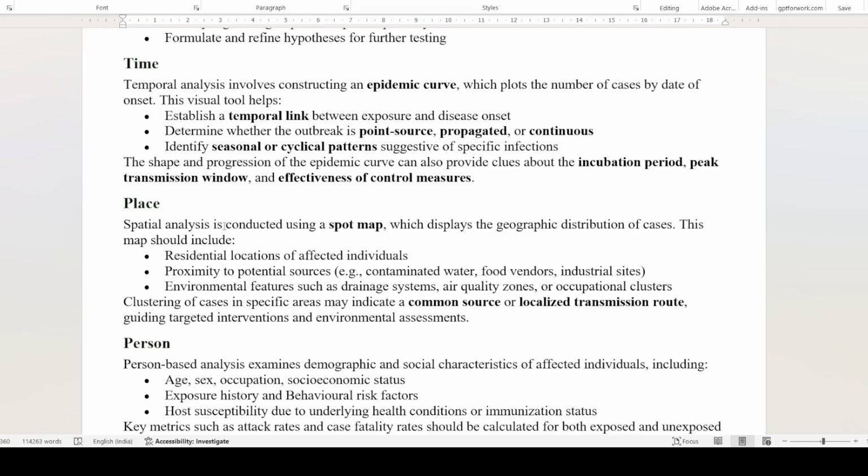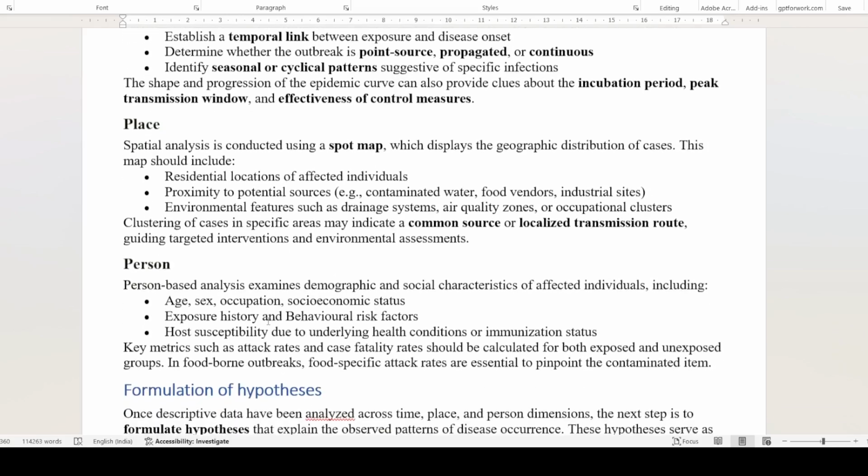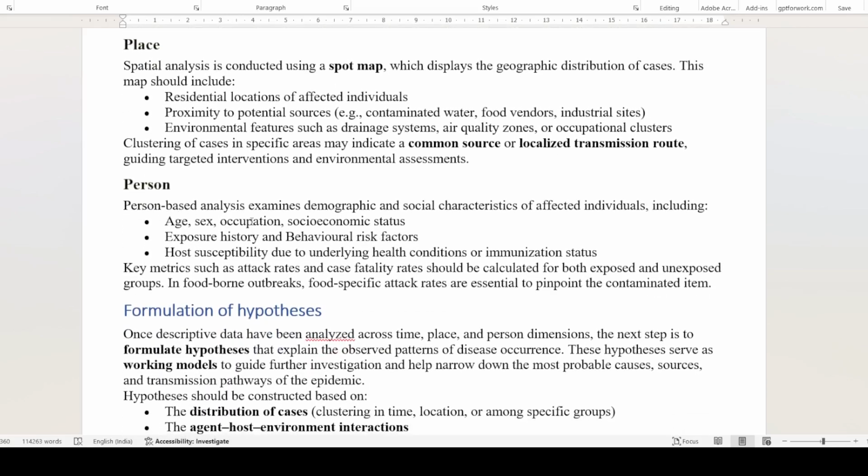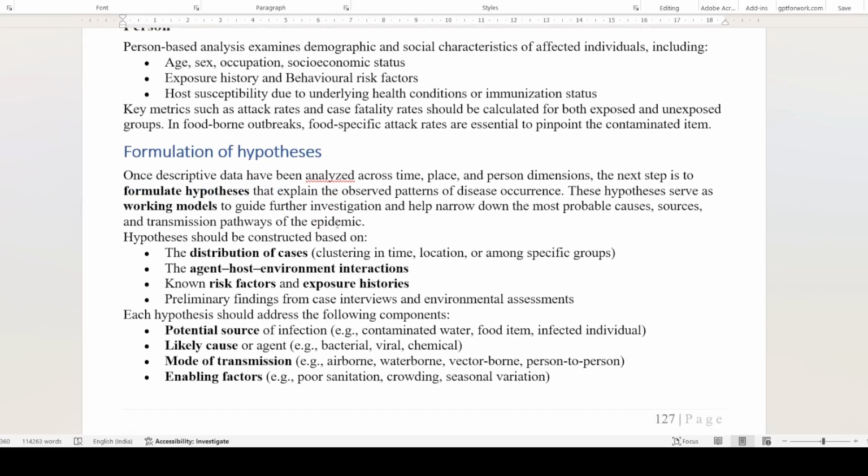By place, we see whether individuals are going outside or coming into the area, meaning immigration and emigration are both considered. By person, age, sex, occupation, and socioeconomic status are evaluated, so we get a clear picture of which group of people the epidemic is affecting.